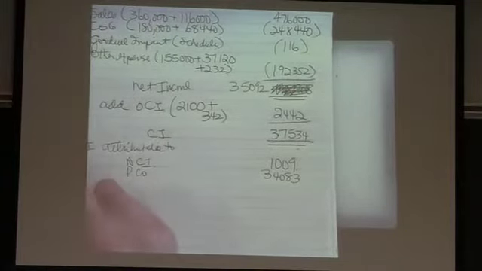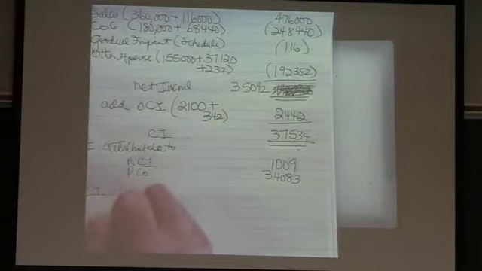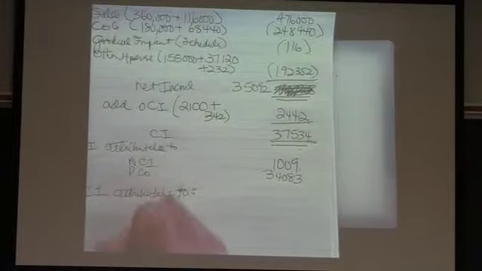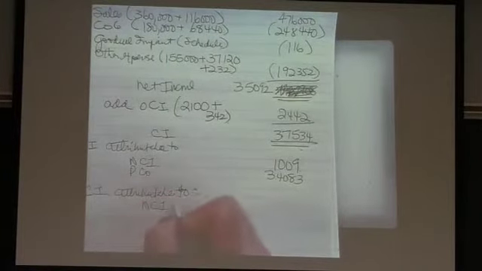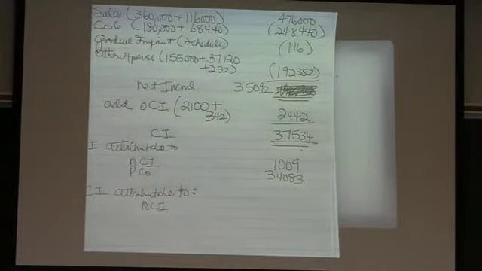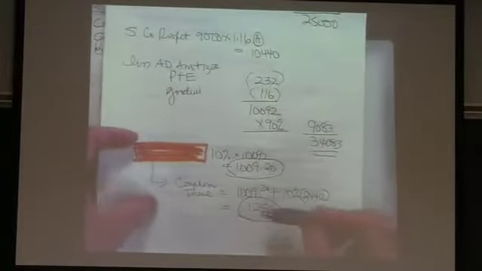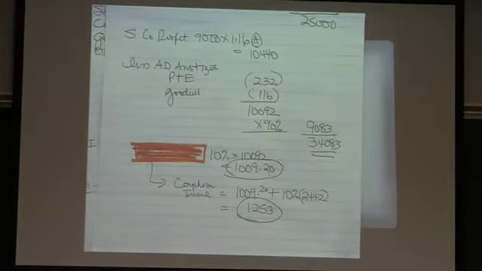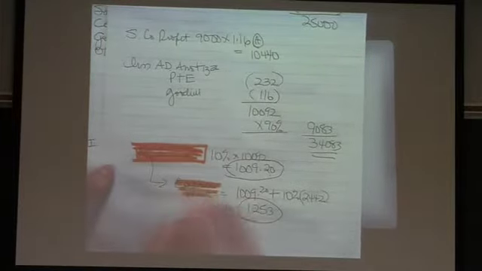attributable to. Now, comprehensive income attributable to, because we need to do this twice, right? NCI is going to be that 1253. That's the 1253 right here. So let me highlight this. It's very important. 1253 is right there.